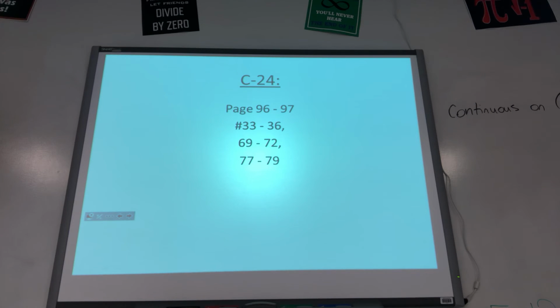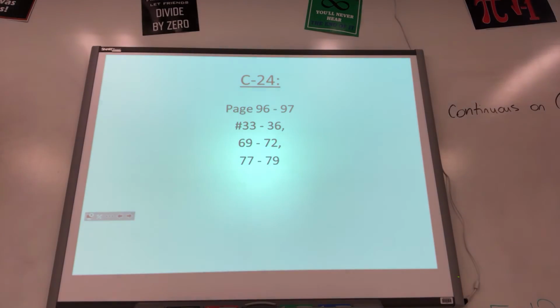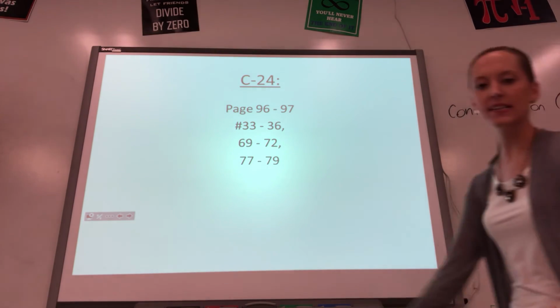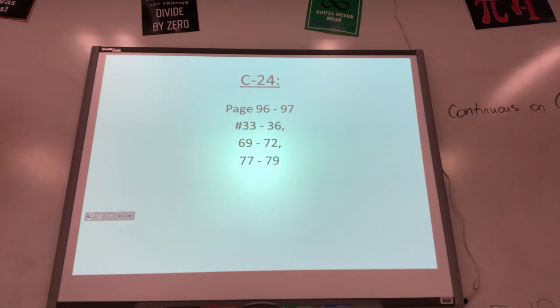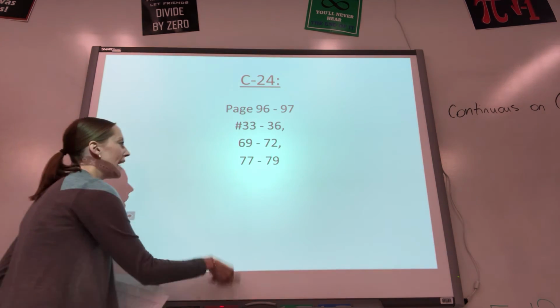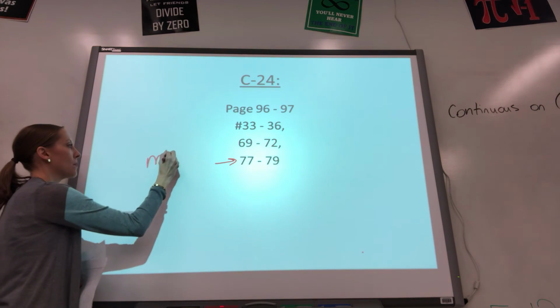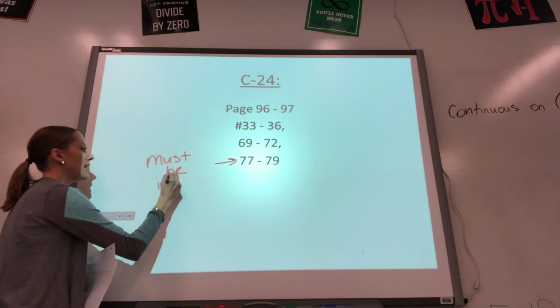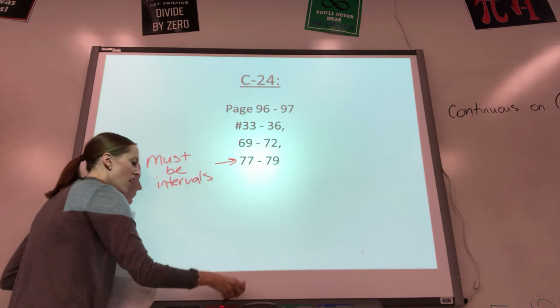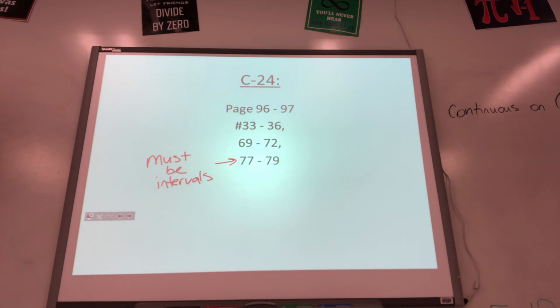So C24 from pages 96 to 97, we're going to do 33 to 36, 69 to 72, and then 77 to 79. We're all over the place. I want to say these last 3 problems must be intervals. On all the rest of them, you can write your answers a couple different ways, but you have to use intervals on the last 3 for sure.